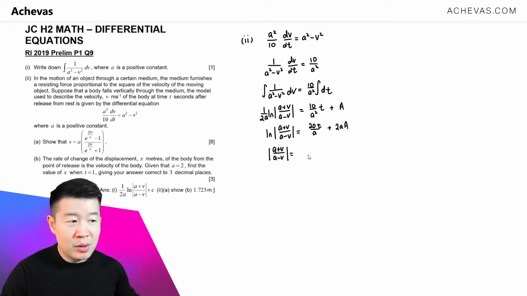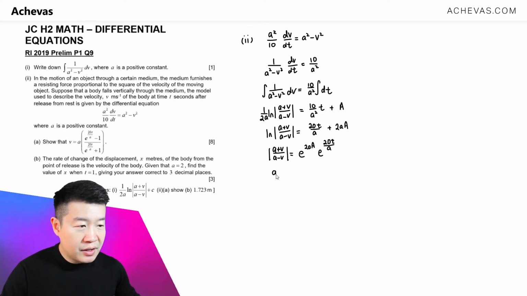This will be e to the power of this, which I'm going to write as e to the power of 2aA, e to the power of 20t over a. And removing the modulus, we have a plus v over a minus v equal to plus minus e to the power of 2aA, e to the power of 20t over a.